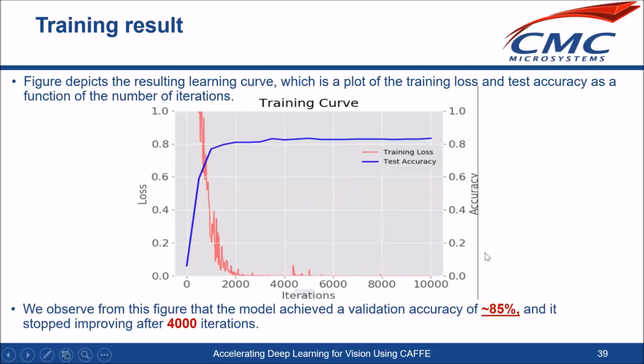In our case, this is the first result of the training on the data set we have described. We observe that we achieve an accuracy of 85%, and it stopped improving after 4,000 iterations, which is not surprising because we train a model from scratch. As a next step, we are going to describe how we can improve this 85% using transfer learning.